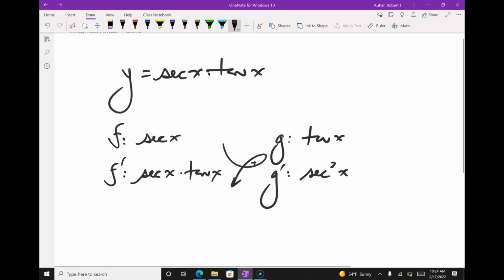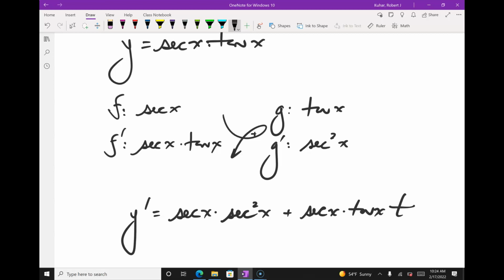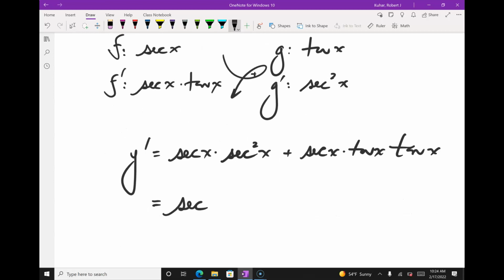It doesn't matter which diagonal I do first with the product rule, because it's plus in between. But it looks like I get for y prime secant x times secant squared x plus secant x tan x tan x. I can clearly factor out a secant, so I get secant x times what's left over, which is secant squared x plus tan squared x.